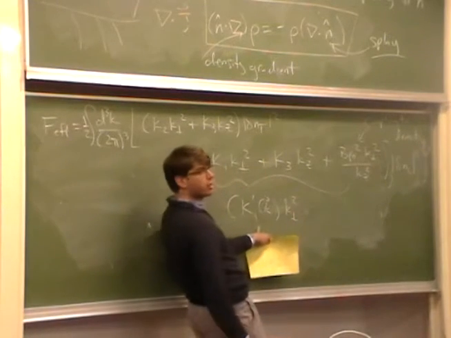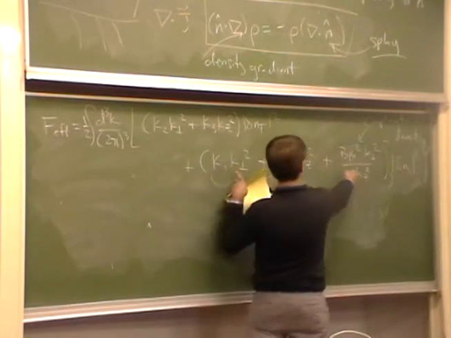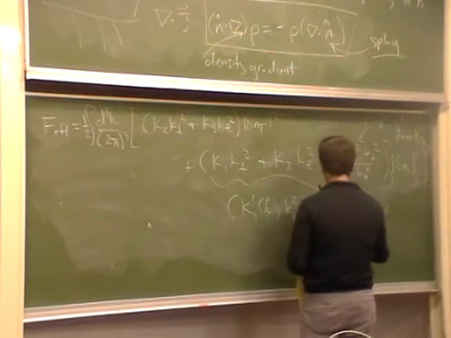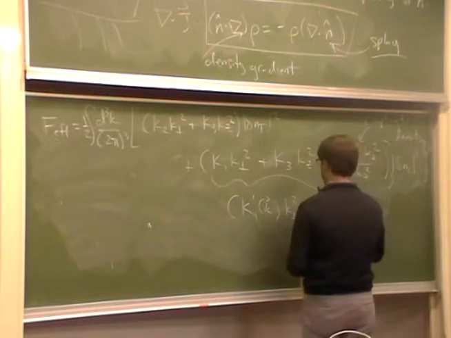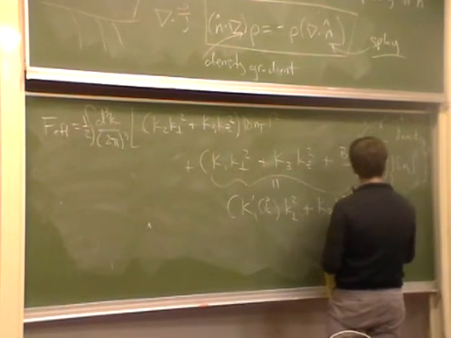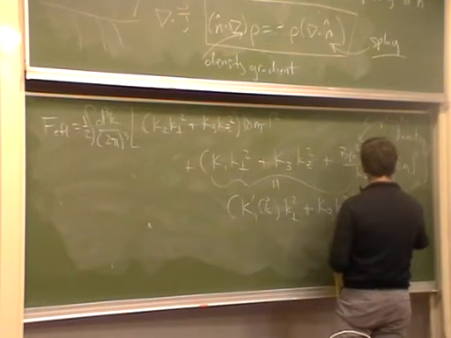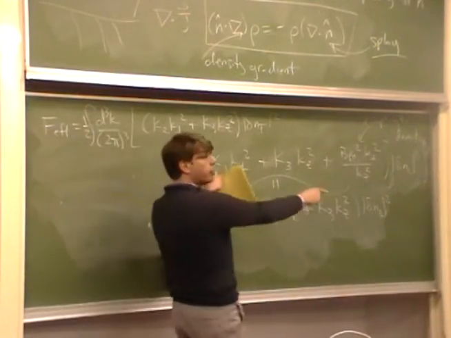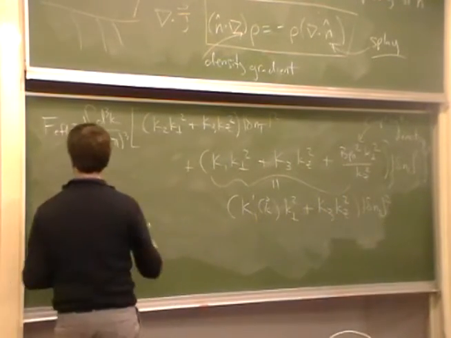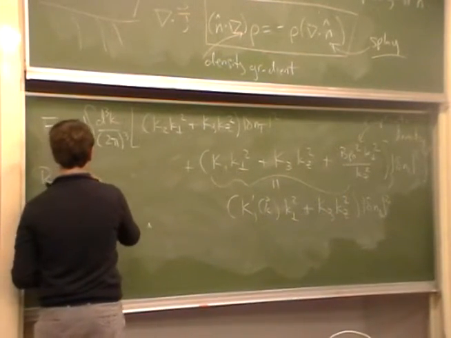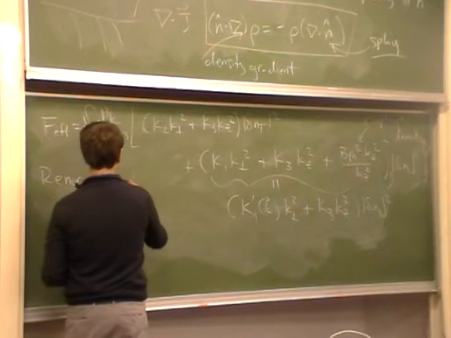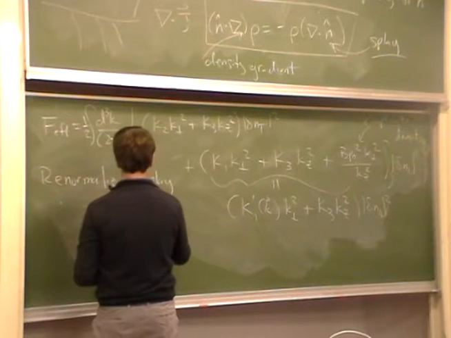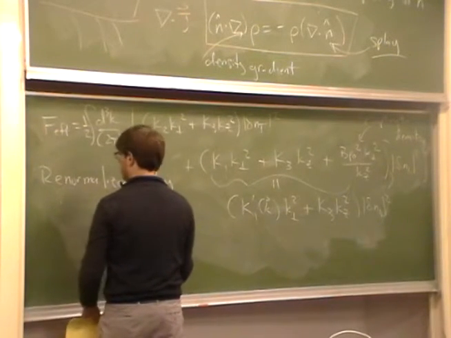I'm going to redefine this variable K1 prime so it groups these two things together and makes it look as if it's the regular free energy expression for a simple nematic. What I get is a renormalized splay constant. Well, sorry, splay cost. Now it's no longer constant.